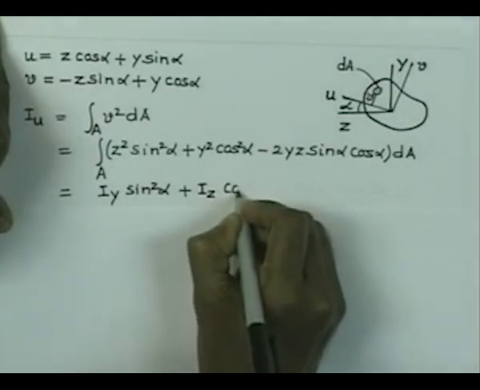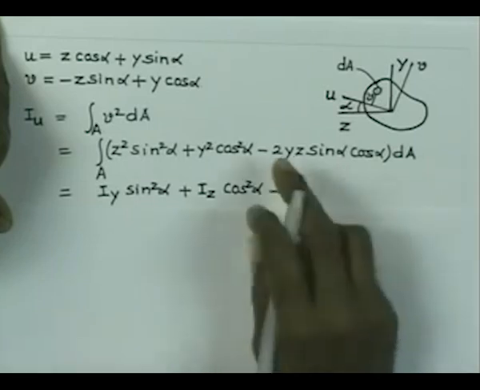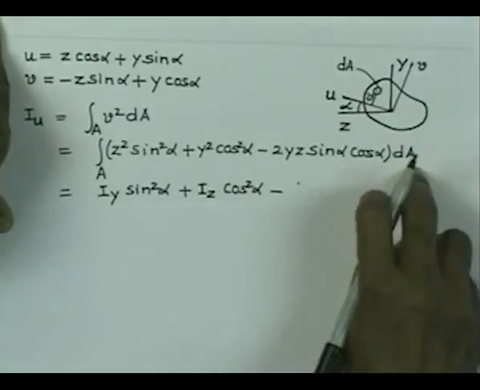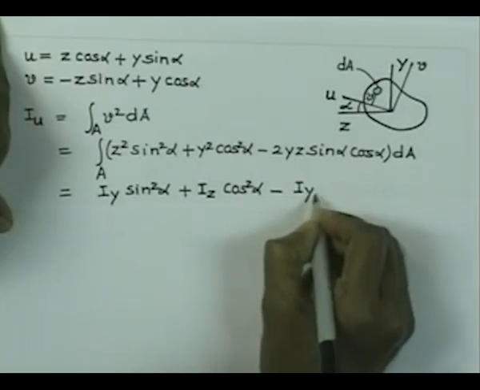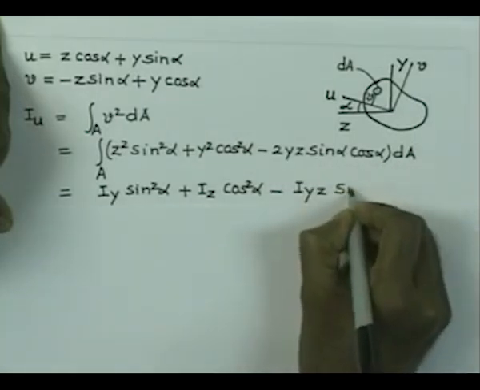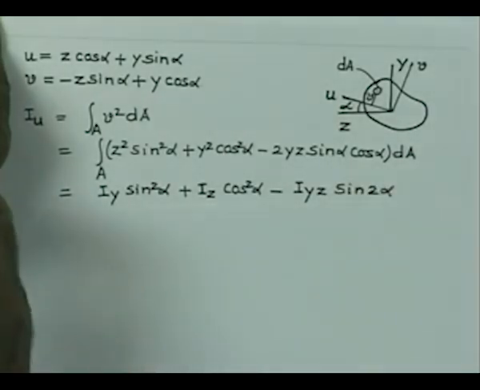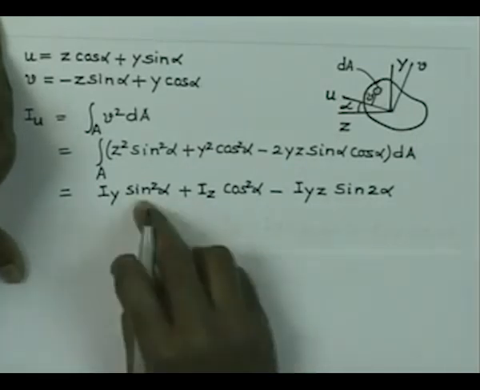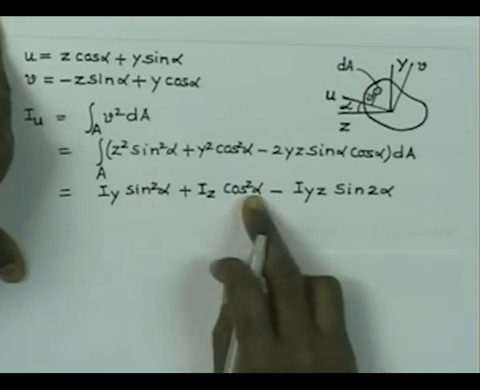So this is Iz cosine square alpha, and yz dA integrated gives us the product moment of inertia Iyz, and 2 sin alpha cosine alpha we can write as sin 2 alpha. So that is the expression for Iu. Now we can write sin square alpha as (1 minus cos 2 alpha) by 2 and cos square alpha equal to (1 plus cos 2 alpha) by 2.